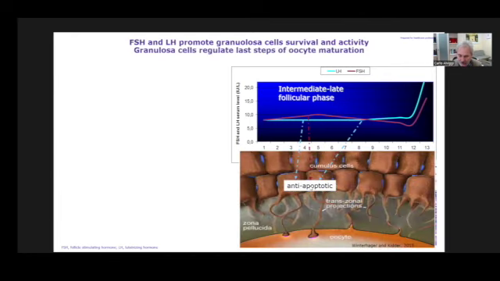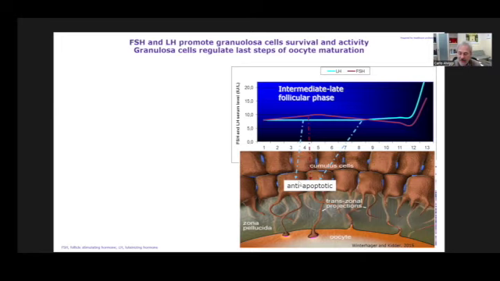So if we go inside the follicle, you can see this is the cumulus cells compartment, the granulosa cells that are very close to the oocyte, and they are connected with the transzonal projection to the oocyte. So the more cumulus cells surviving, the more active granulosa cells, the more information and molecules provided to the oocyte in the last stages of oocyte maturation.